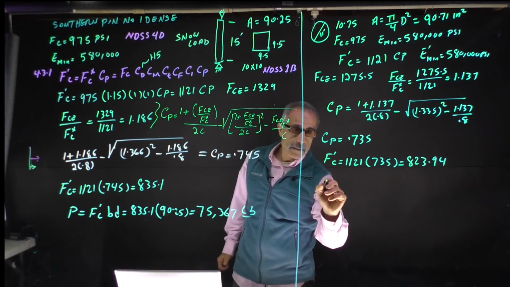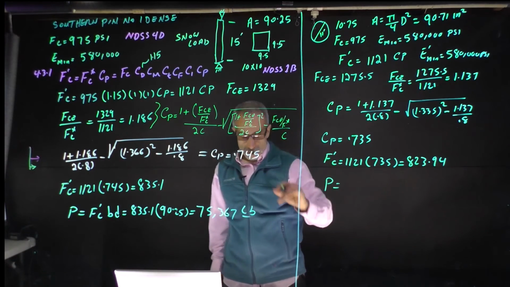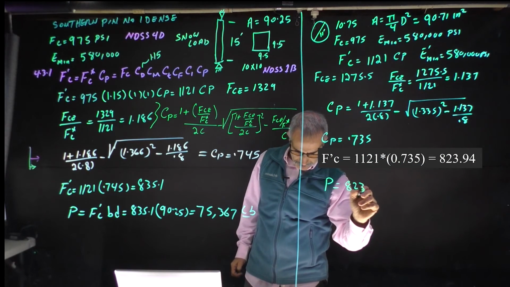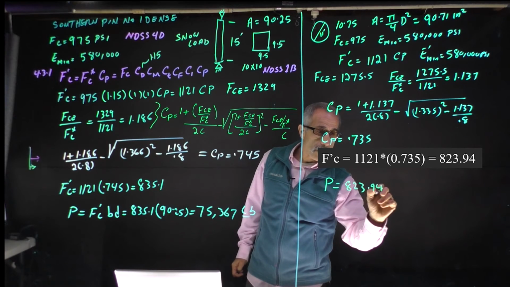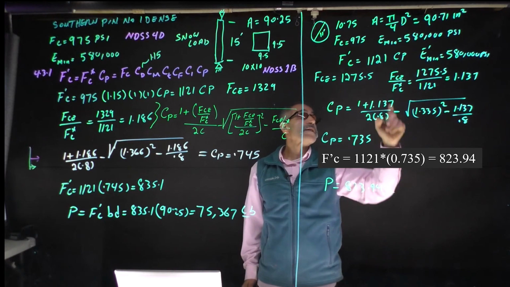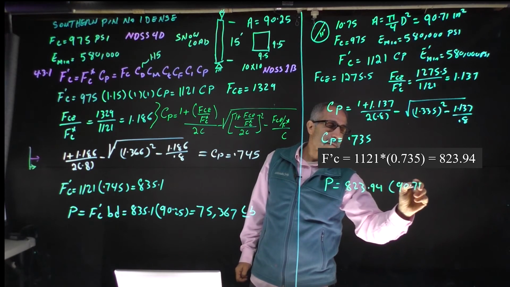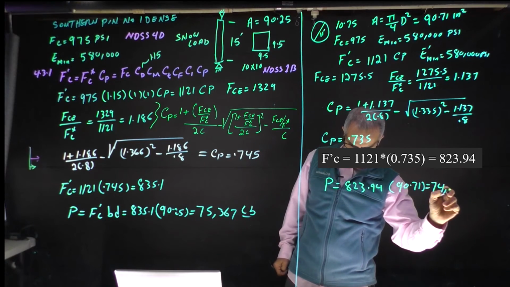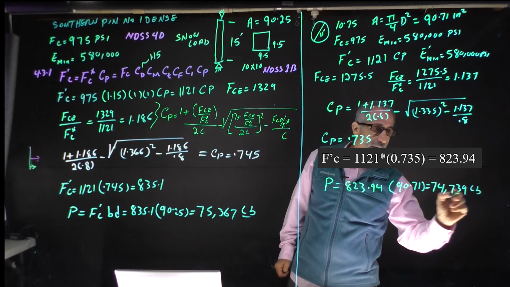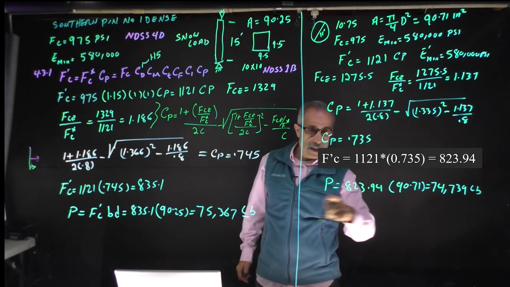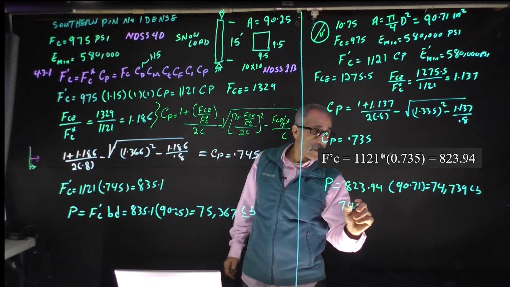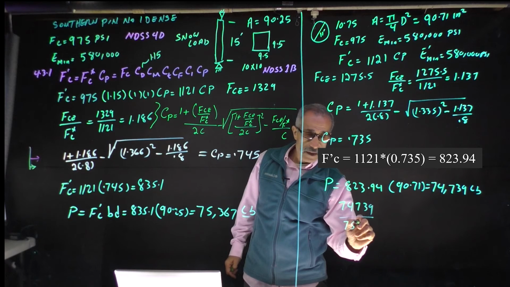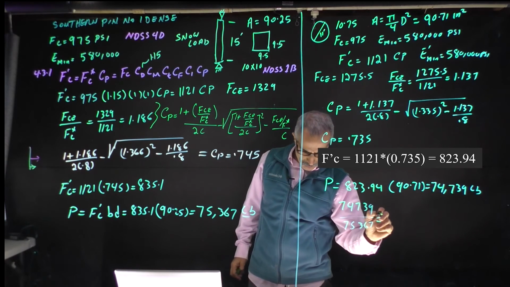And then the amount of load I can put on here, P, is going to come out to 823 times the cross-sectional area, which was 90.71, and that gave me about 74,739 pounds. Really, the difference is not much. If I divide that number, 74,739, by 75,367, that comes out closer to 99%.